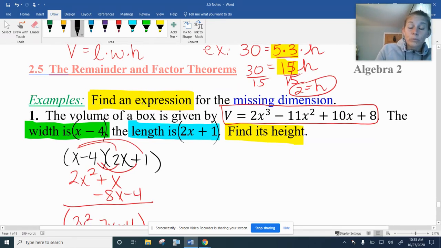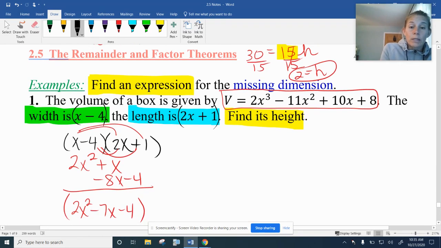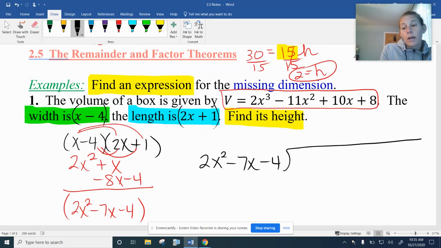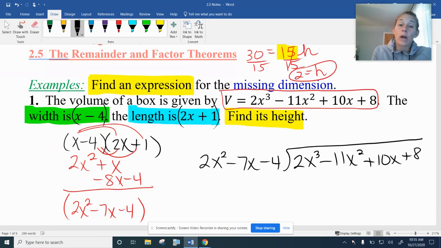So we're going to take the product that we just got, which was this 2x squared minus 7x minus 4, and we're going to divide 2x cubed minus 11x squared plus 10x plus 8 by that product, because that is now our divisor. And then the remaining factor should be our quotient.